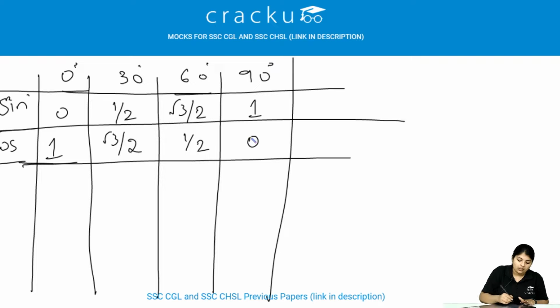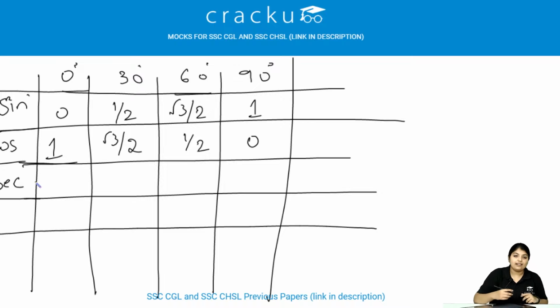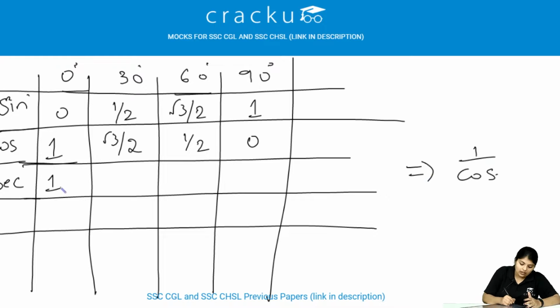Now with these two values, we can find secant. Secant is inverse of cos, like secant is 1 by cos. So 1 by 1 is 1, 1 by root 3 by 2 is 2 by root 3 and 1 by 1/2 is 2 and 1 by 0 is infinity.